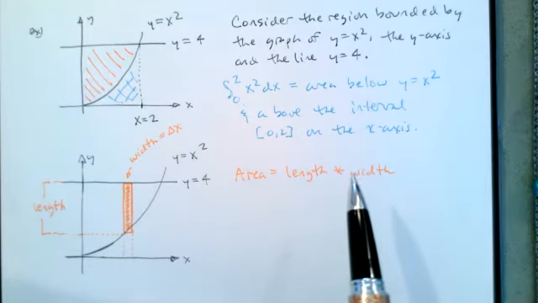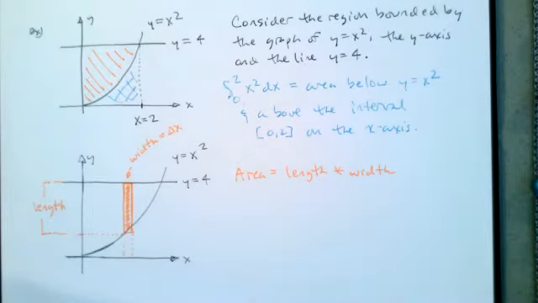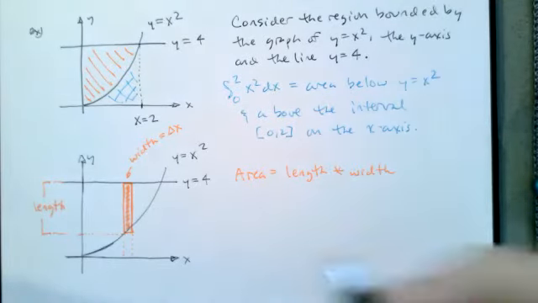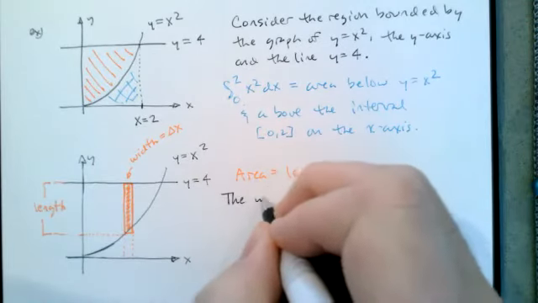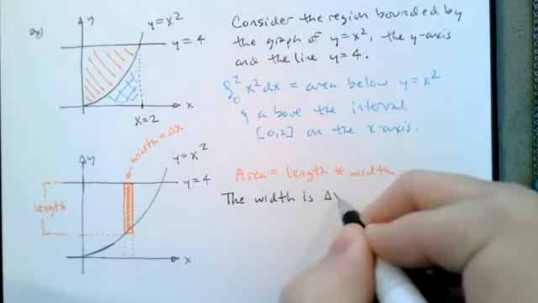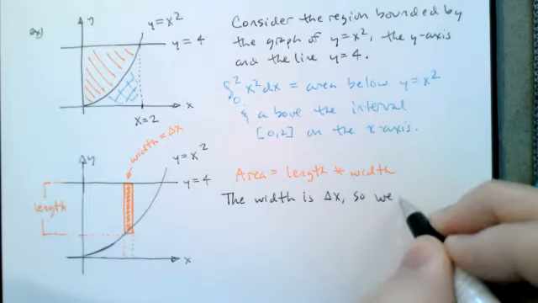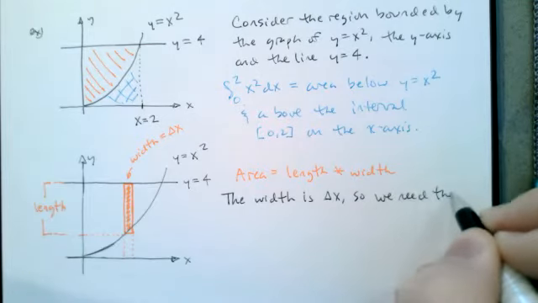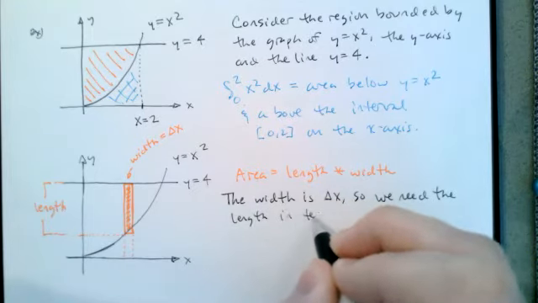X is my delta variable. That's the one that's getting thinner. So since the width is written delta x, we need to write the length in terms of x.